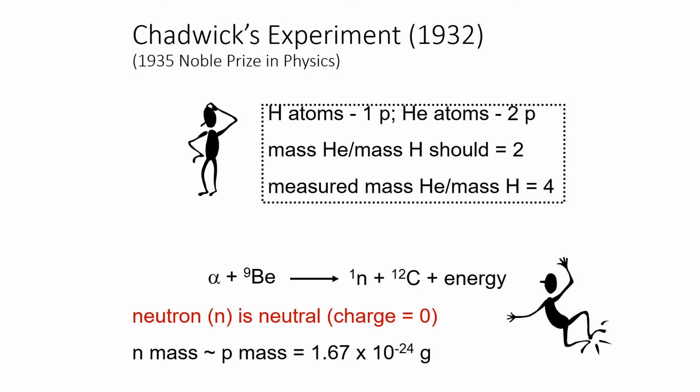Sorry, I'm thinking of beryllium. Never mind. Anyway, that's how the mass ratio becomes 4, because of the presence of those neutrons in the nucleus of the atom. So no charge, electrically neutral, but has a mass approximately equal to the mass of a proton.